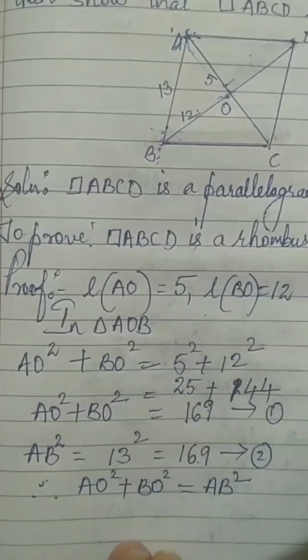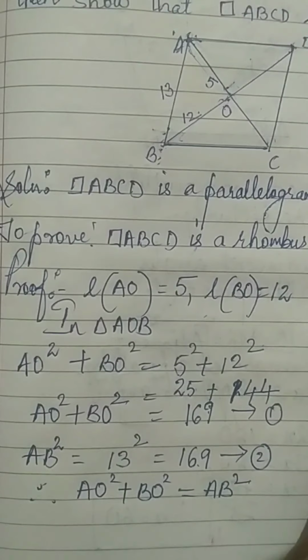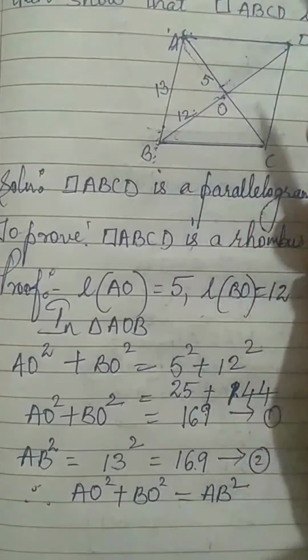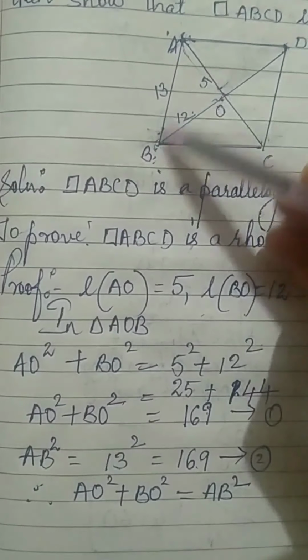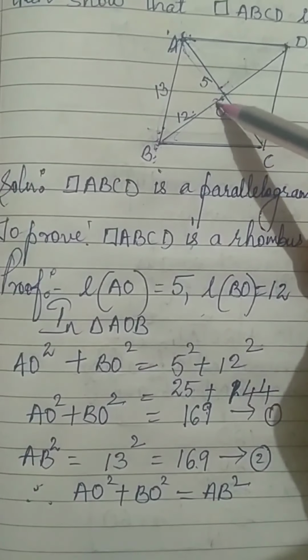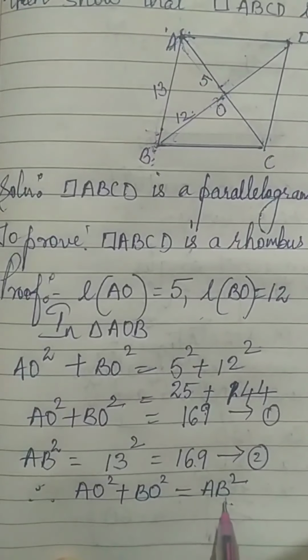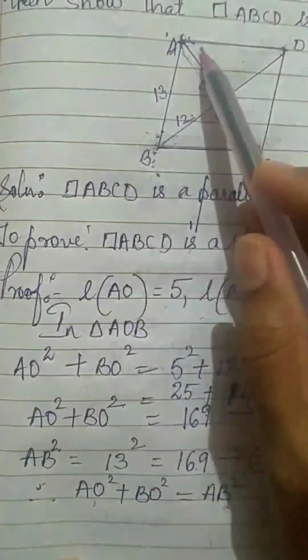Are you able to recollect any theorem? Famous mathematician's theorem. Every student should remember that Pythagoras theorem. Hypotenuse square, AB is hypotenuse, square is equal to one side square plus other side square. You are getting that? Hypotenuse square is equal to one side square plus other side square. So this became a right angle triangle.